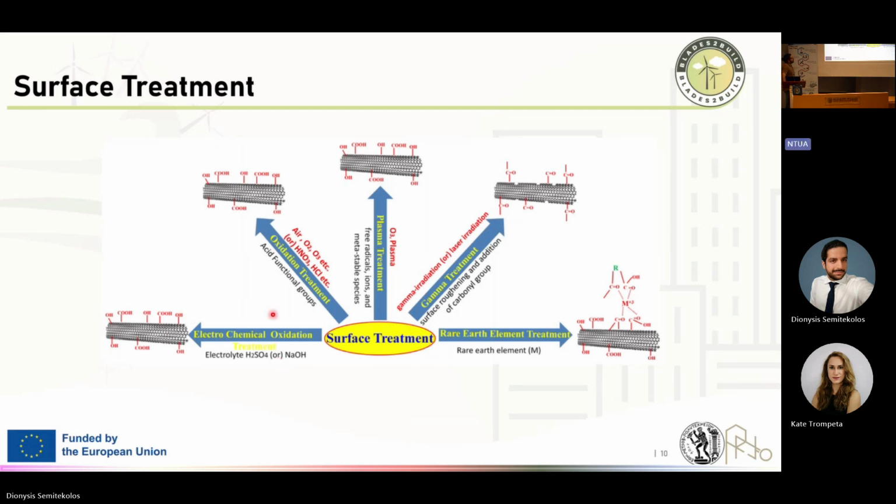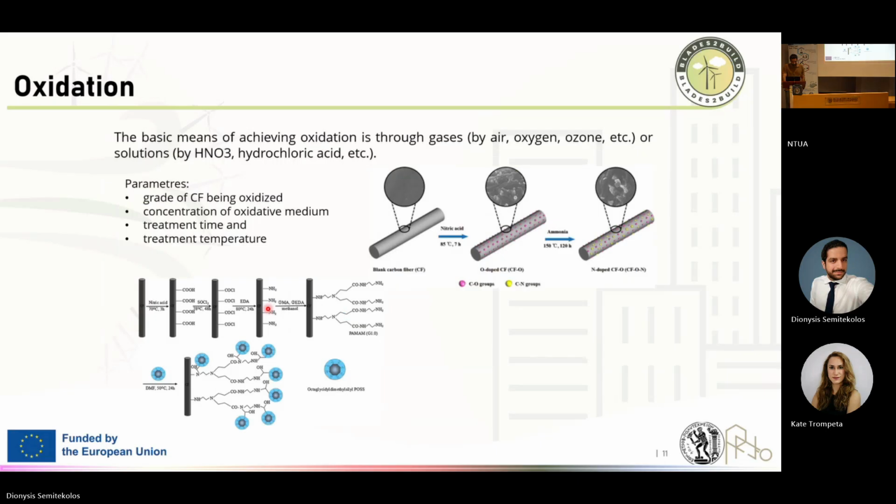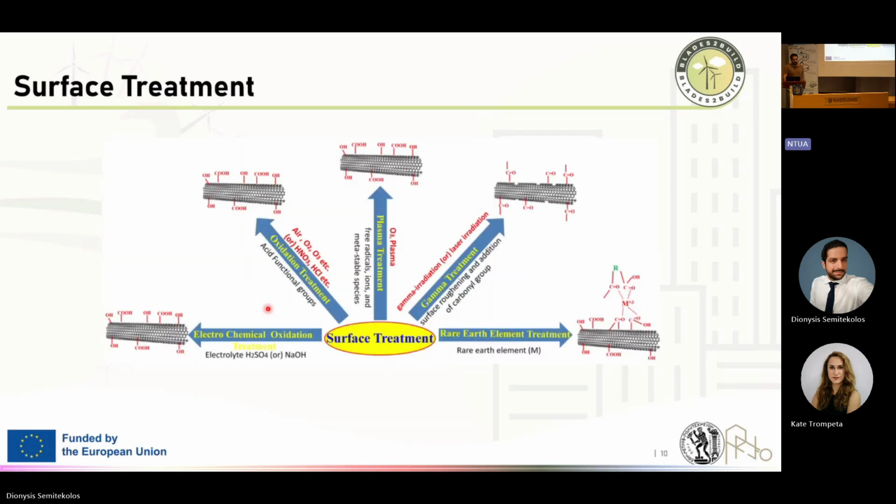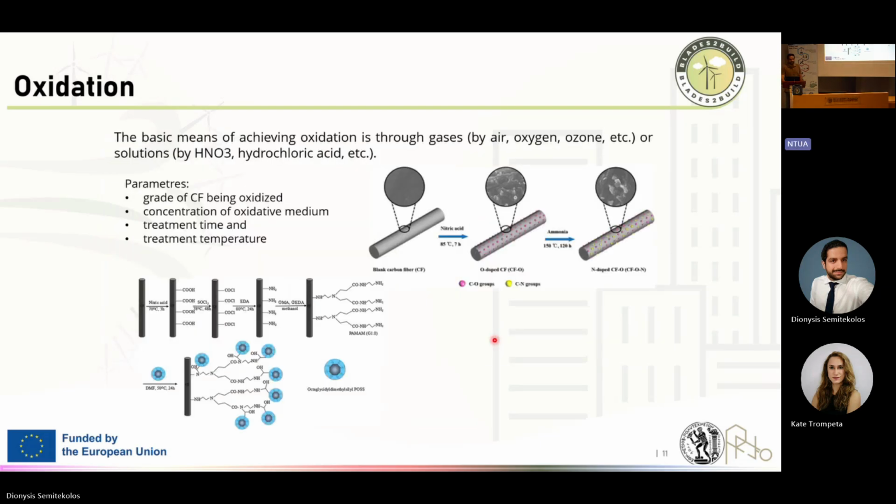So electrochemical oxidation and plasma are treatments that I have also witnessed in my career, and they are also used in the industry, especially the first two during the industrial production of fibers. And the two last are the gamma treatment and the rare element treatment, but more at the research level than industrial.